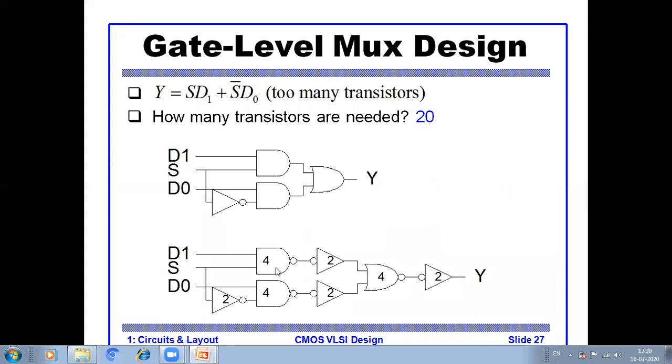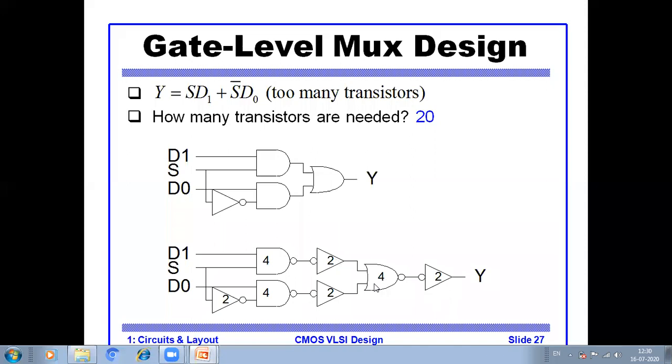Okay. So here this is the NAND gate, and already we have designed the CMOS logic for the NAND gate. When we design with CMOS logic, 4 transistors are required, 2 PMOS and 2 NMOS. 4 transistors for the NAND, again 4 transistors for the NAND, and 2 transistors are required for an inverter, 2 transistors for another inverter.